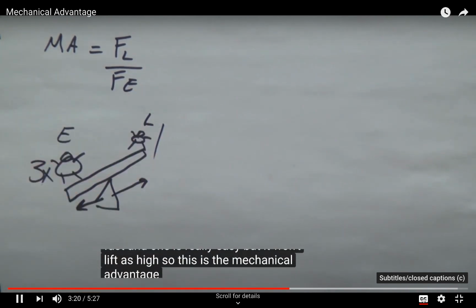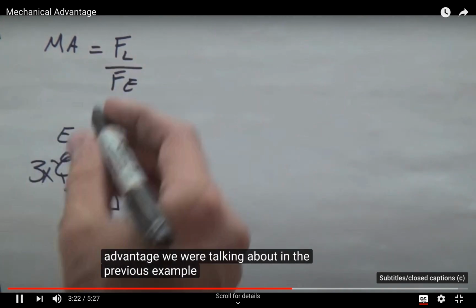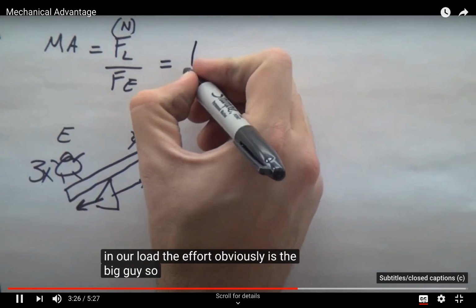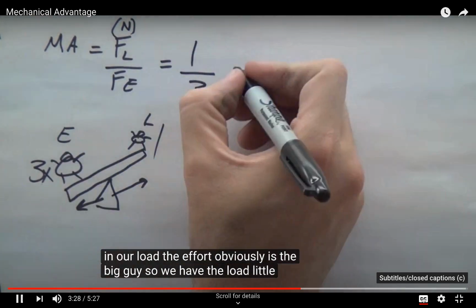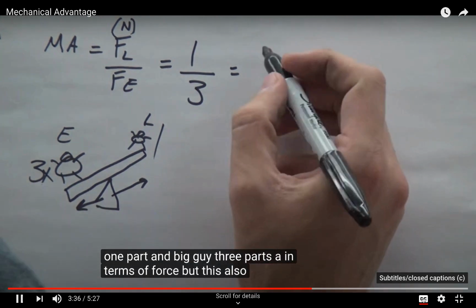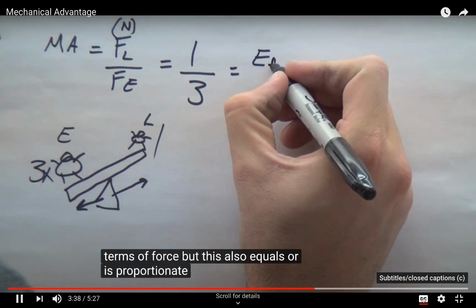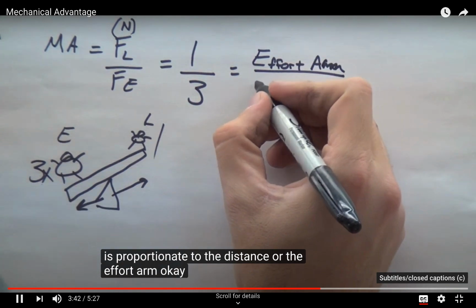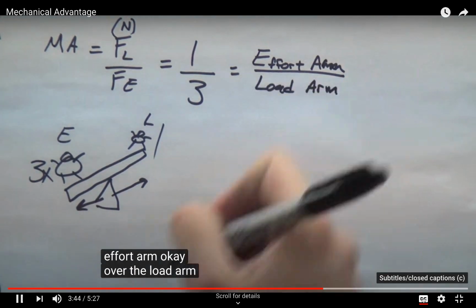So this is the mechanical advantage we were talking about in the previous example. So we have our effort and our load. The effort obviously is the big guy. So we have the load, little guy, 1 part, and big guy, 3 parts, okay, in terms of force. But this also equals or is proportionate to the distance or the effort arm, okay, over the load arm.